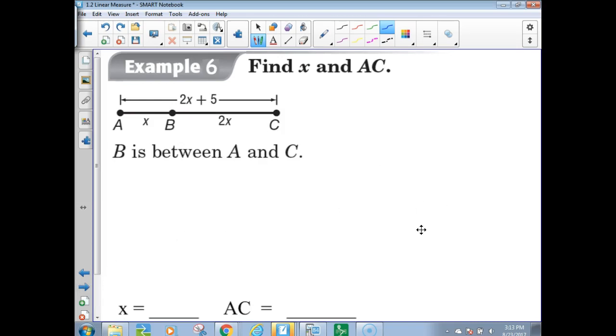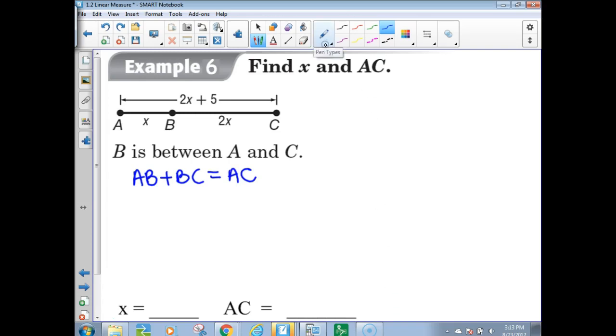Easy one. Now we've got to do some algebra. All right, on to example 6. The whole point of this is, if B is between A and C, what we know is that AB plus BC equals AC. All right, and that's from your notes.